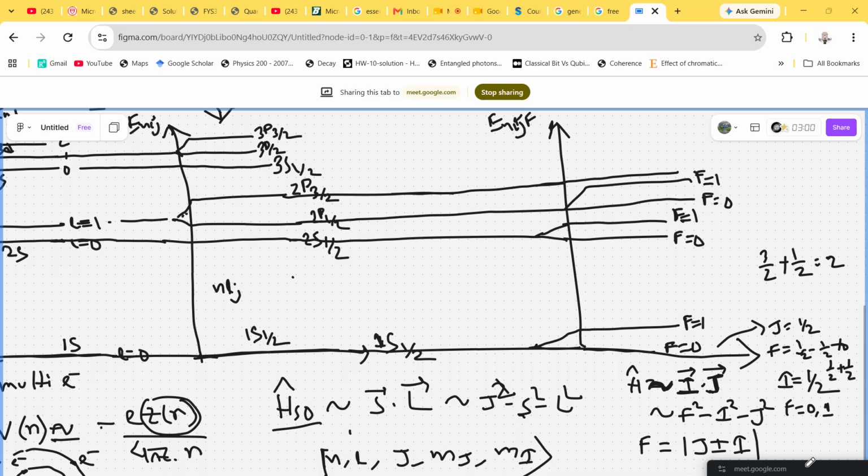J plus half is 2 and J minus half is 3 by 2 minus 1 by 2, which is 1. So it will also break into two parts, but the F values are different here: not 0 and 1, one is F equals 1 and another is F equals 2.